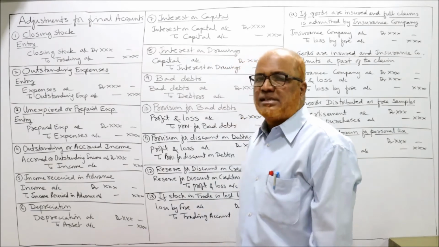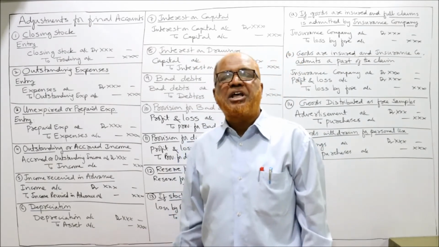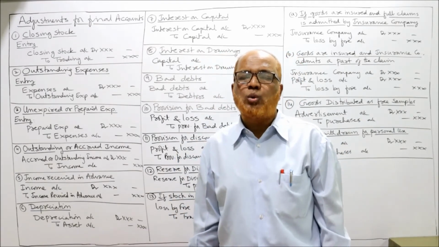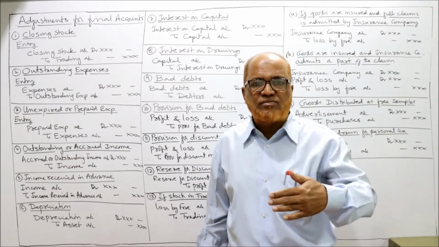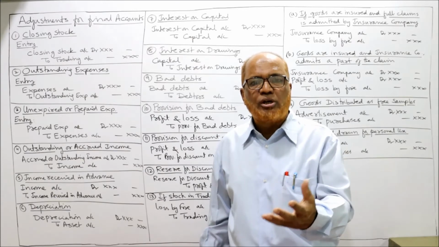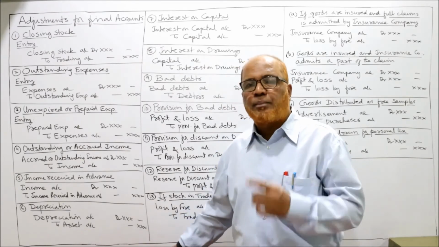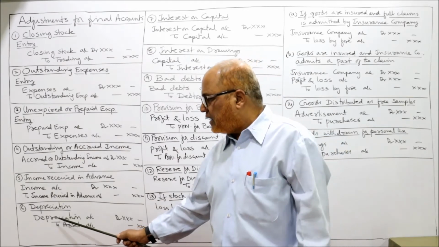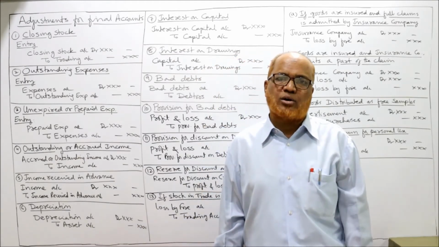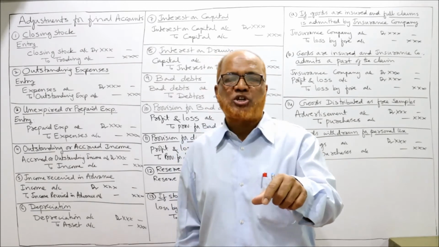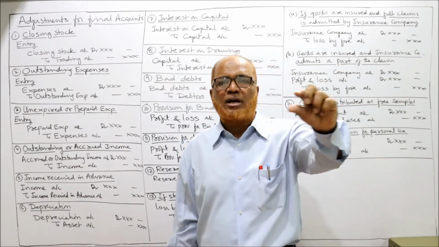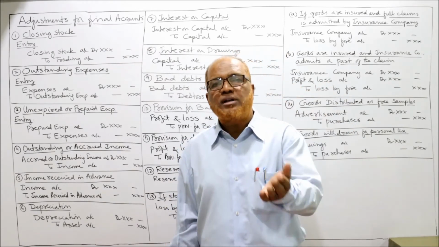Next one is depreciation. Depreciation is a decrease in the value of the asset due to wear and tear. When a machine is used, the value of the machine will decrease as we use it. So that is depreciation. The entry for depreciation is depreciation account debit to asset account. Machinery is the asset. Suppose we have provided depreciation on machinery. So the entry will be depreciation account debit to machinery account. What is the impact?